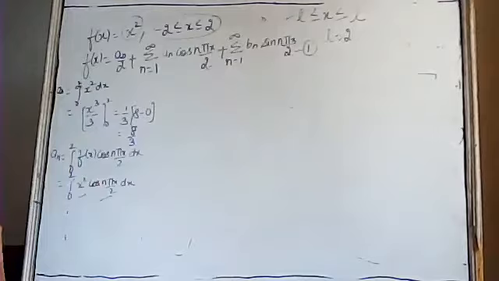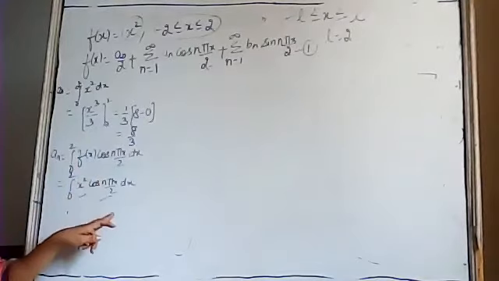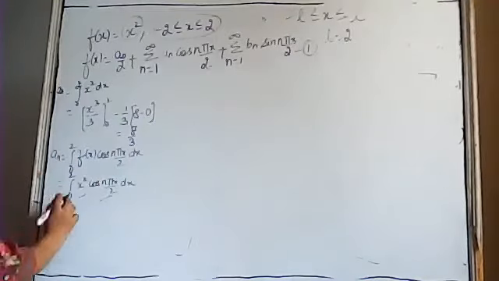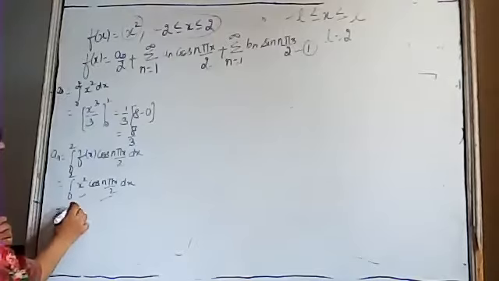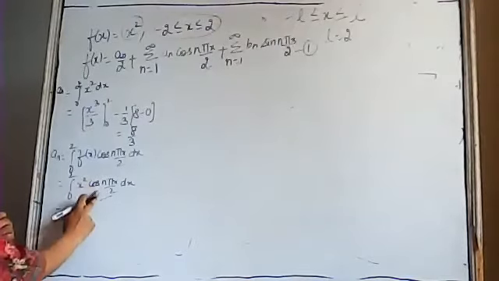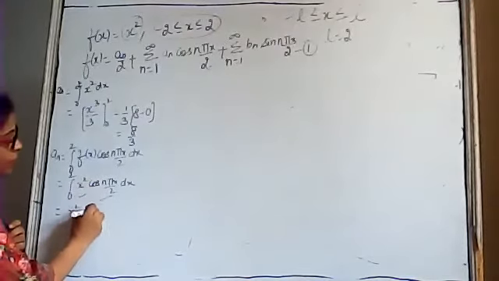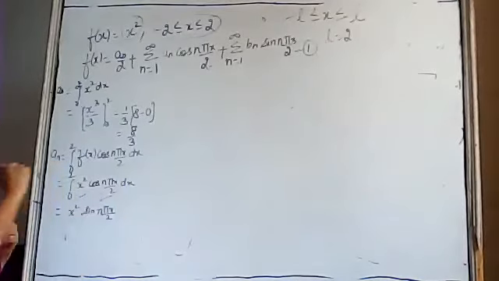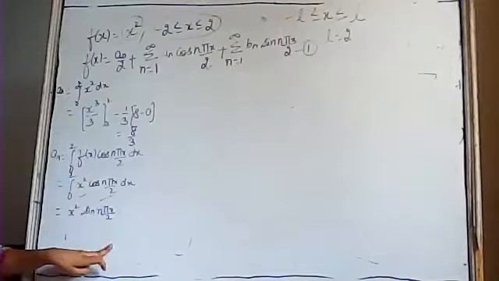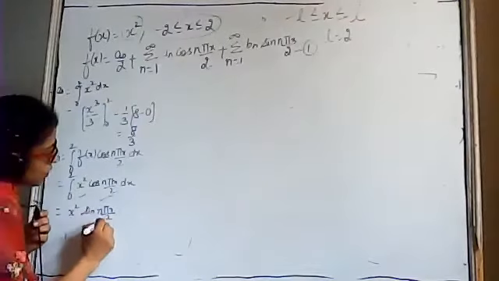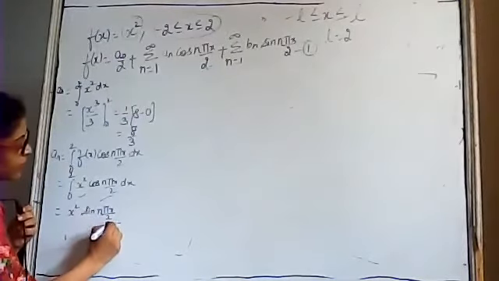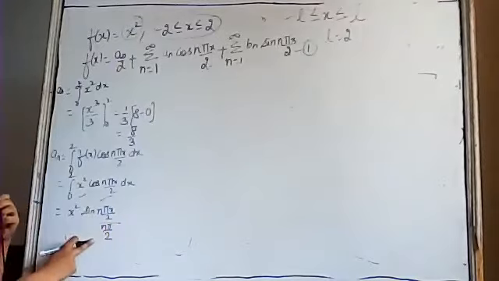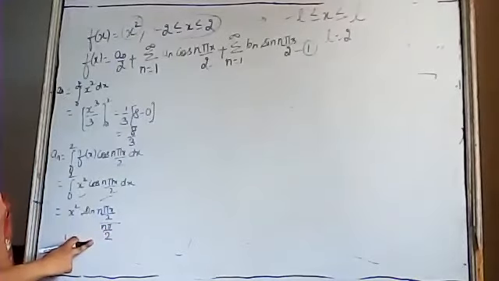Now integrating by parts. This is the first function and this is the second function. If you integrate it by parts, you will get the first function as it is, times the integration of the second function. Integration of cos is sine, with n pi x upon 2 in the angle, divided by n pi by 2. It will remain in the angle only.